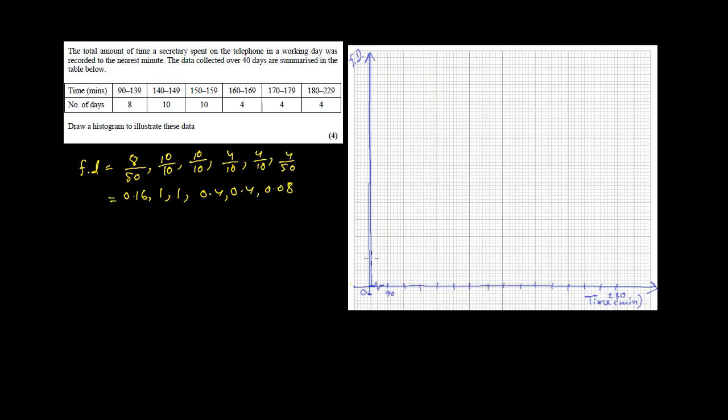So the height of the histogram is going to be very small. We better take something as 0.1, because the highest we need is 1. So we can consider this as 0.1, 0.2, 0.3, 0.4, 0.5, 0.6, 0.7, 0.8, 0.9, 1.